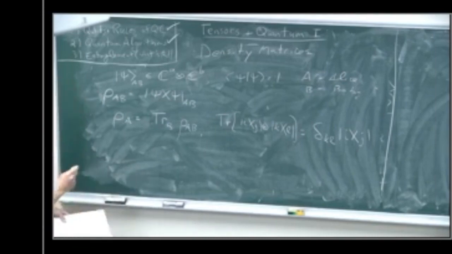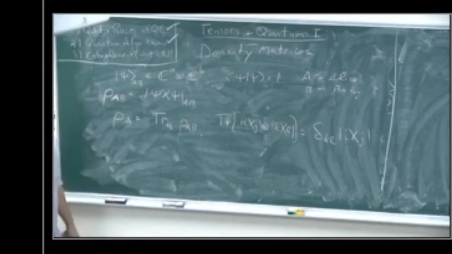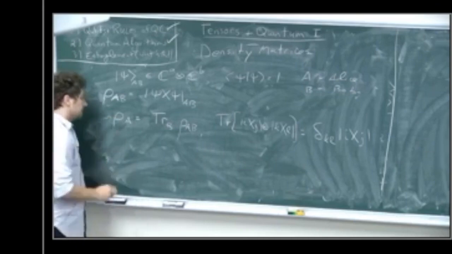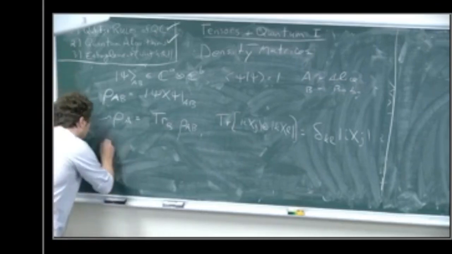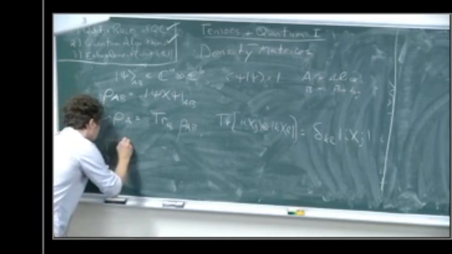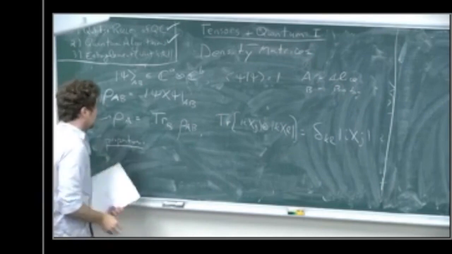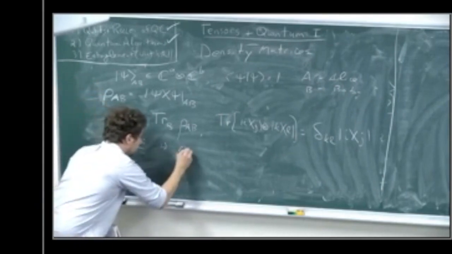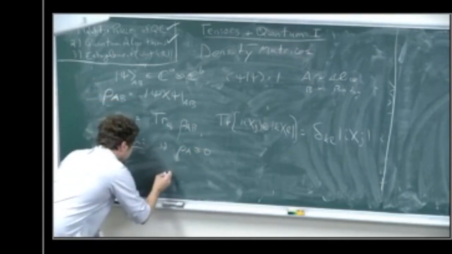And if I want to describe anything that Alice can learn about her system by doing measurements or applying unitaries, anything she can do to her system, it's enough for me to just know this matrix. One thing I should say is it has the following properties. First, it's positive semi-definite.